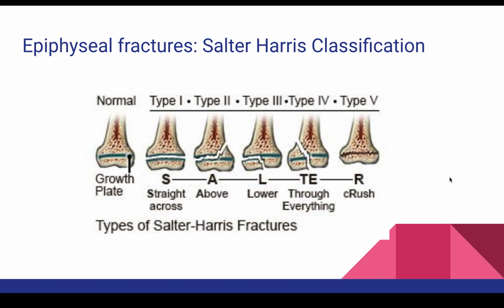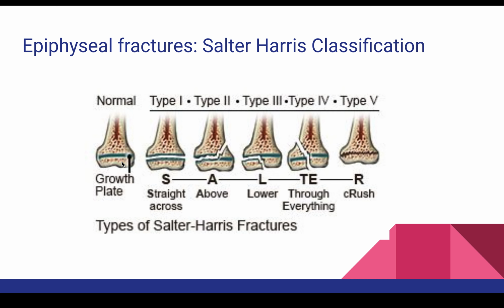When it comes to these epiphyseal fractures, we have something called the Salter-Harris classification, which sounds complicated, but it really isn't. Salter-Harris is very easy because you can remember it with SALTER. So remember, Harris was a salty guy. Salter had fractured his tibia, or any of his bones. So you have a growth plate, which is known as the epiphyseal plate.